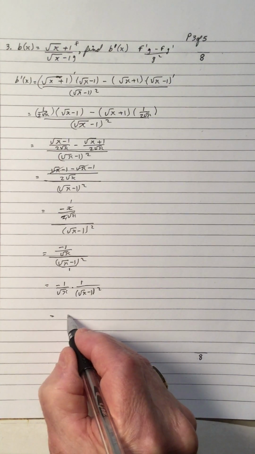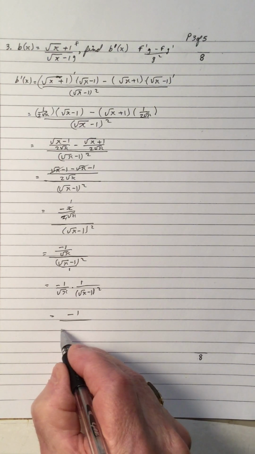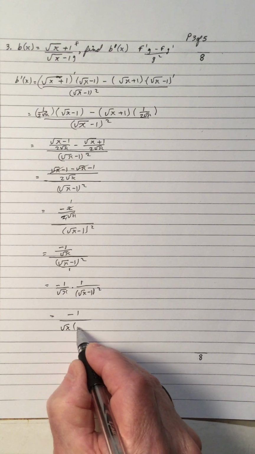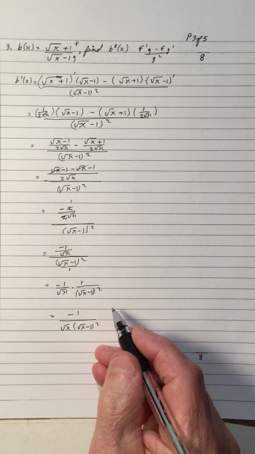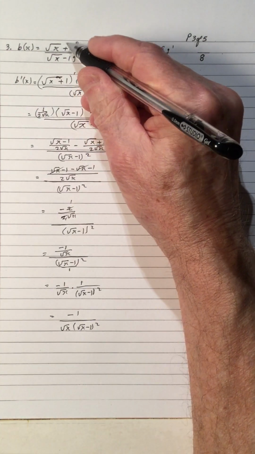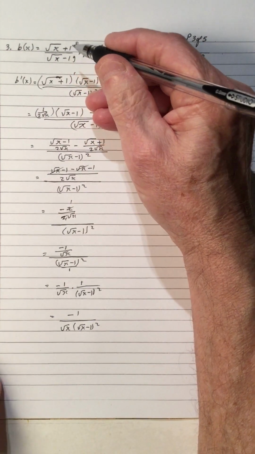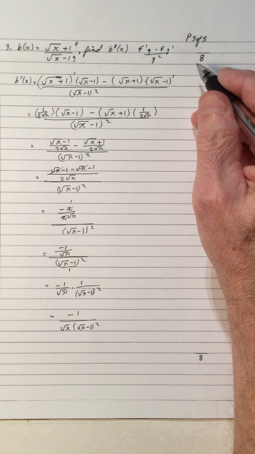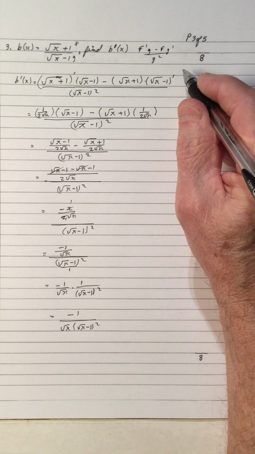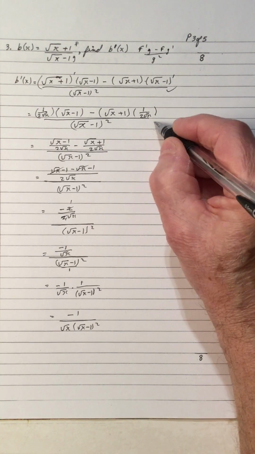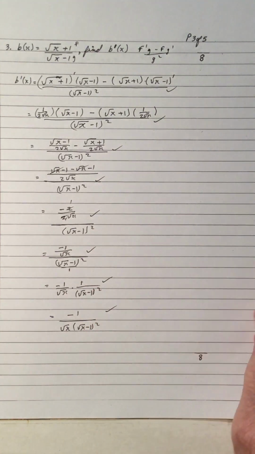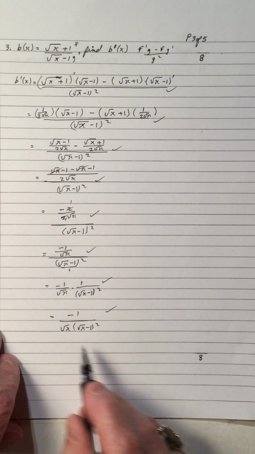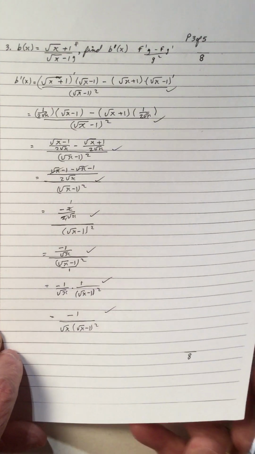And when you multiply that out, you get negative 1 over root x times root x minus 1 squared, which is the derivative of this expression here. And there's 8 marks here, so you can give yourself 1, 2, 3, 4, 5, 6, 7, 8. Perfect. If you get the right answer, give yourself 8 marks.